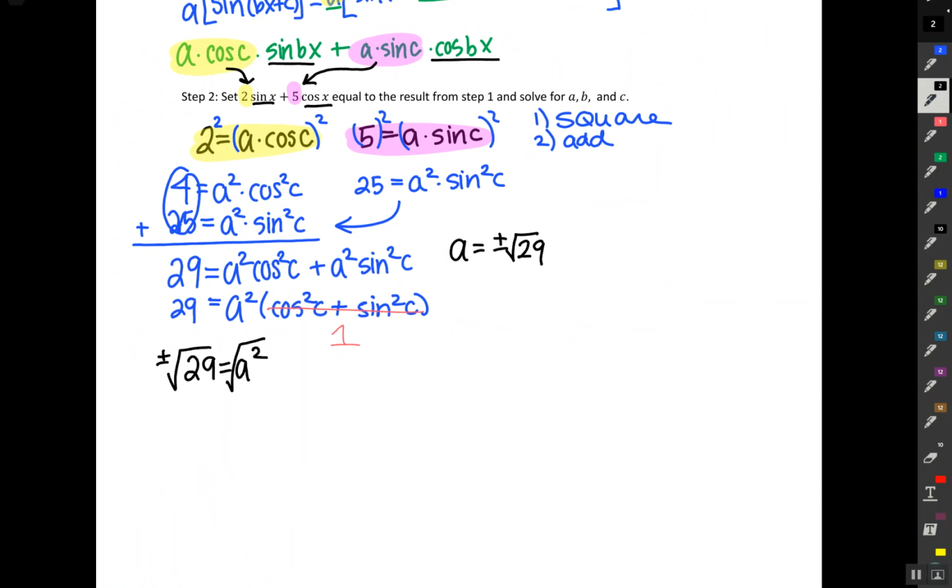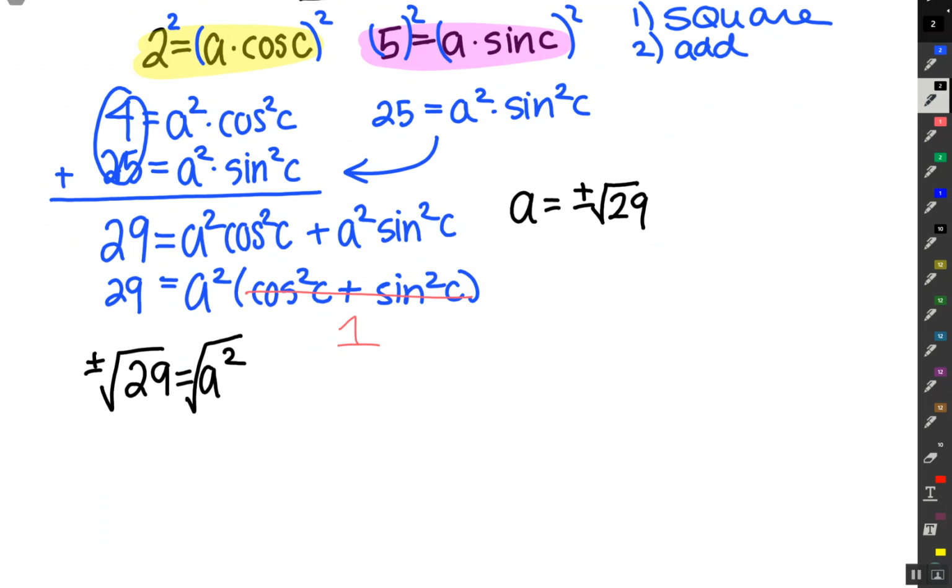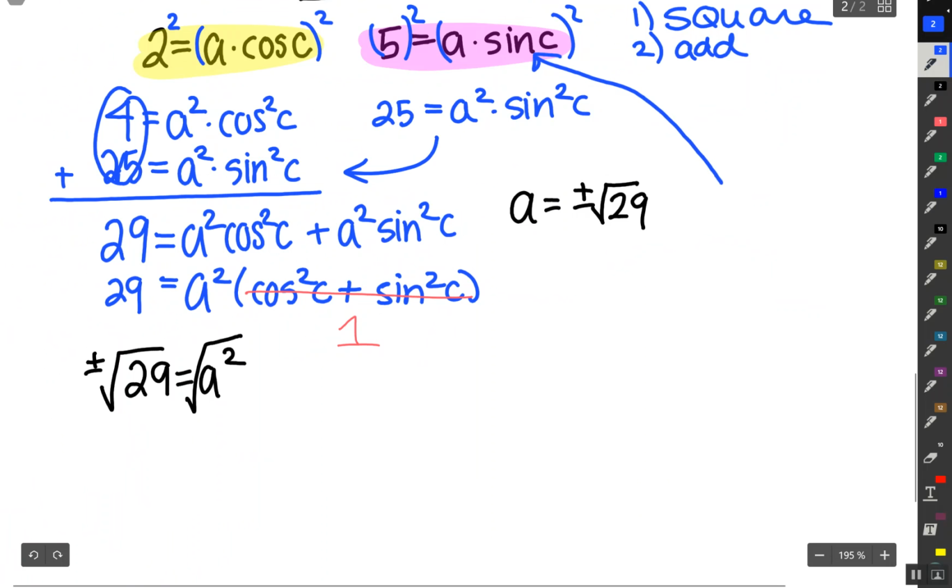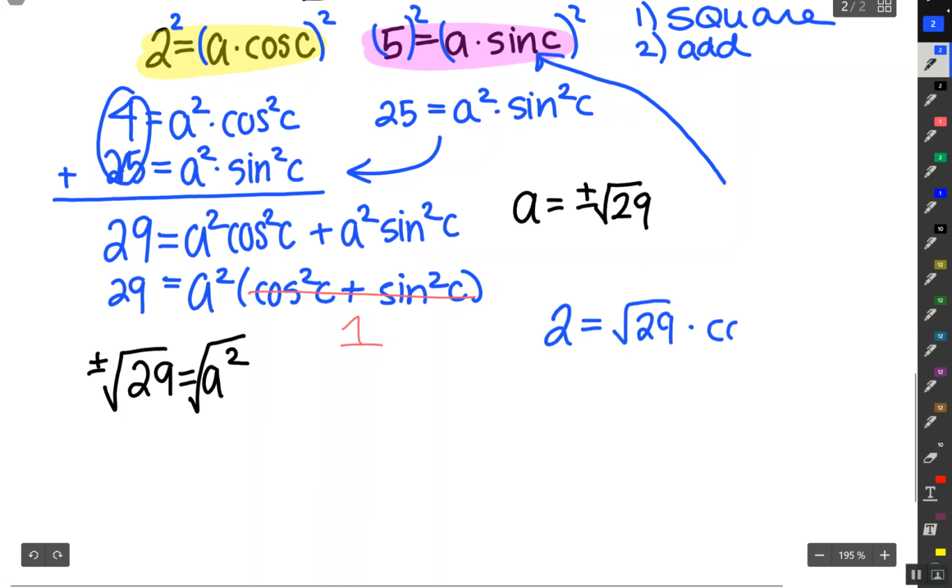We still need to find c. So let's talk about how we find c. We can go back up to this equation here, or either one, honestly. We can do 2 is equal to a. I'm going to start with just the regular square root of 29 times the cosine of c.